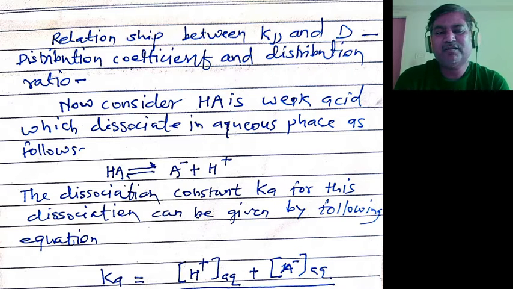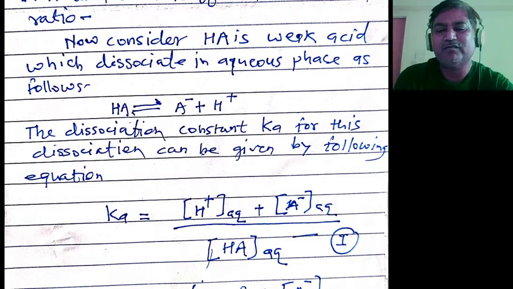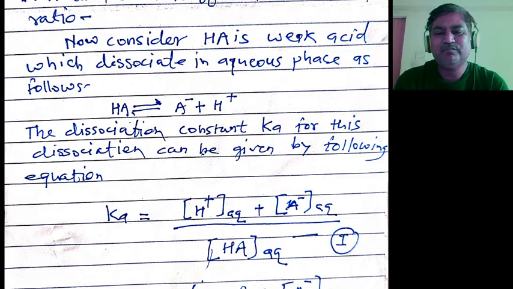As we know, the dissociation constant for this weak acid in aqueous phase can be given by the following equation, that is Ka, the dissociation constant, is equal to concentration of product divided by concentration of reactant. That is, Ka is equal to concentration of H plus in aqueous phase times concentration of A minus in aqueous phase divided by concentration of HA in aqueous phase.